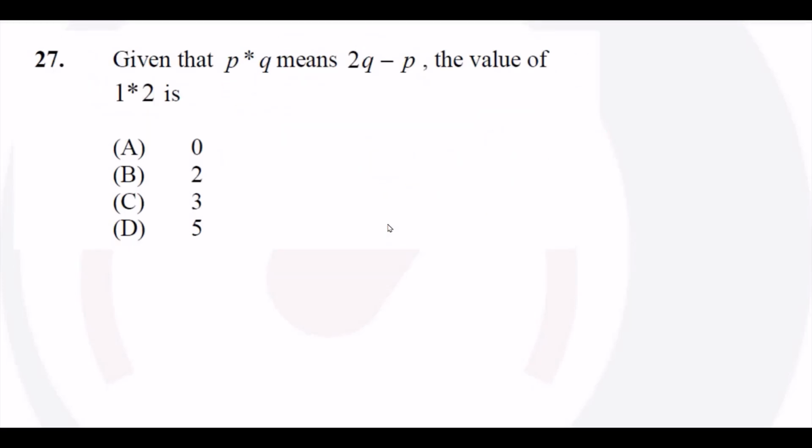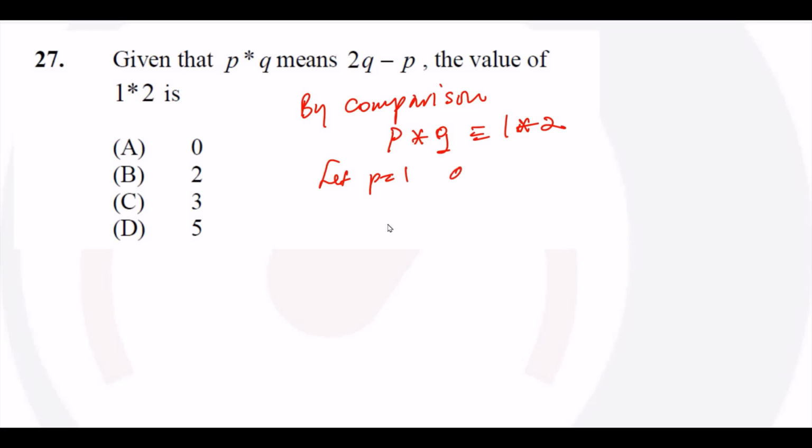Question 27. Given that P star Q means 2Q minus P, the value of 1 star 2 is. So we know that by comparison, P star Q is equivalent to 1 star 2. So we can say let P be 1 and Q be 2, comparing them in this spot.